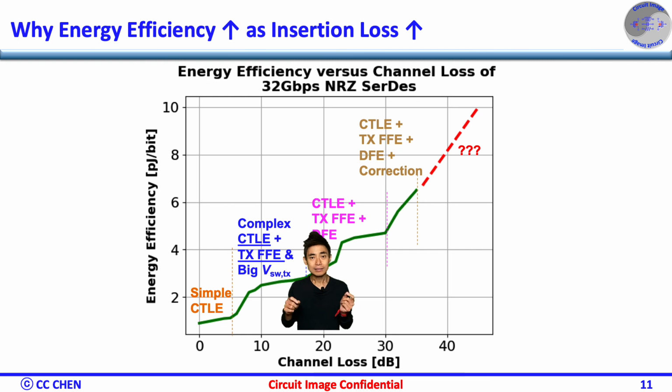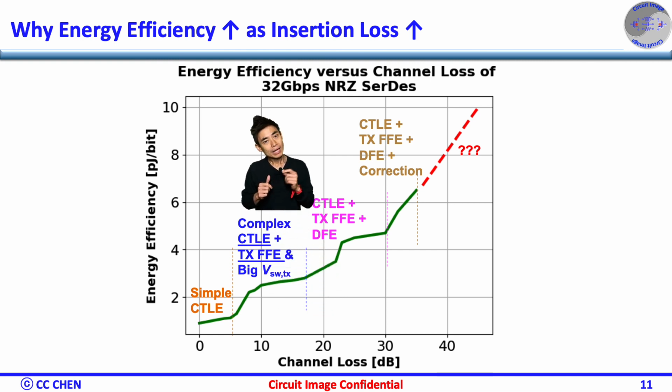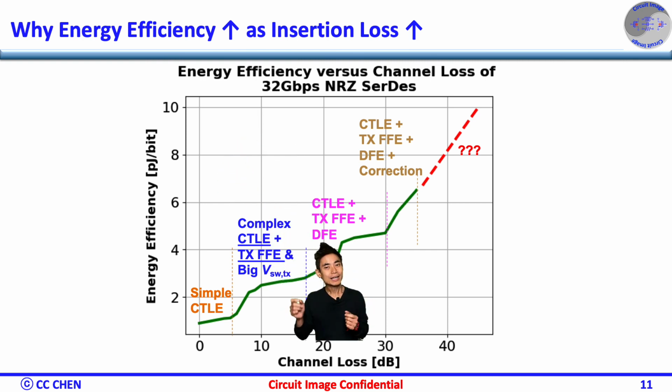Second, as the loss moves to a very short reach over 6 dB to 15 dB loss, not only does the TX output swing need to increase, but also the TX FFE needs to be added to maintain a robust operation for the CTLE over PVT and higher input sensitivity. Therefore, the energy efficiency may go up to 2 to 3 picojoule per bit.